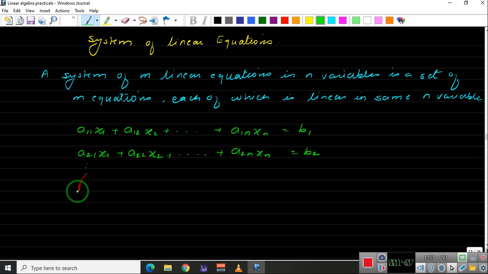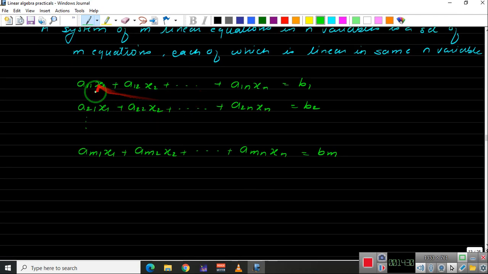And likewise, we'll have our m-th equation because we said system of m equations. So am1 x1 plus am2 x2 plus, likewise we'll have amn xn is equal to bm. Okay, where all these aij's are constants, b is also constant, and these are variables.